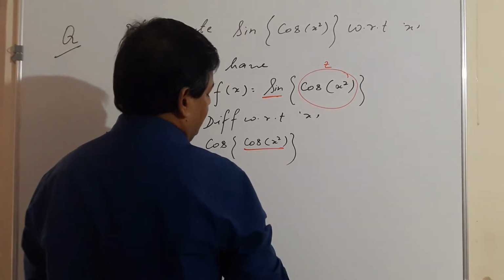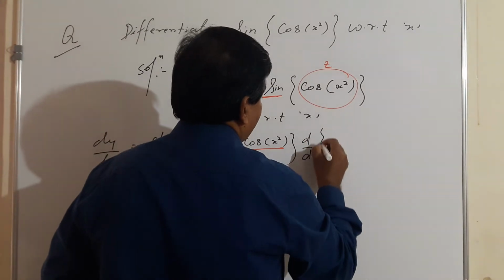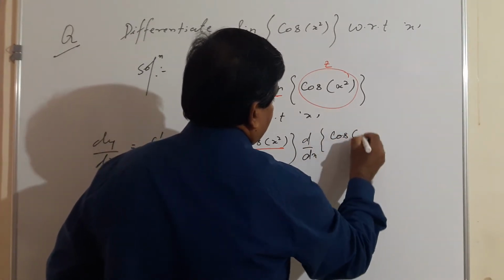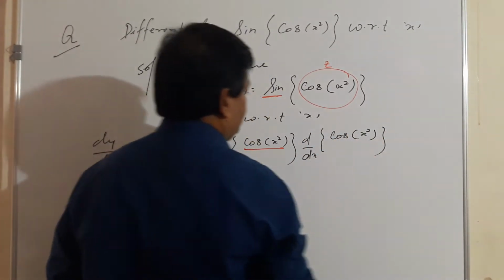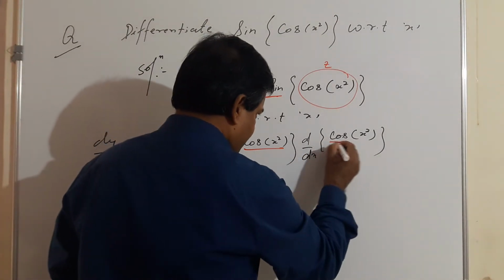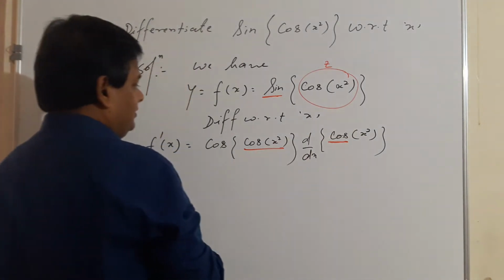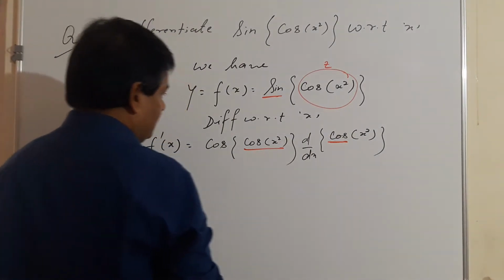Now differentiate this cos x². First differentiate cos: the differentiation of cos is minus sine.